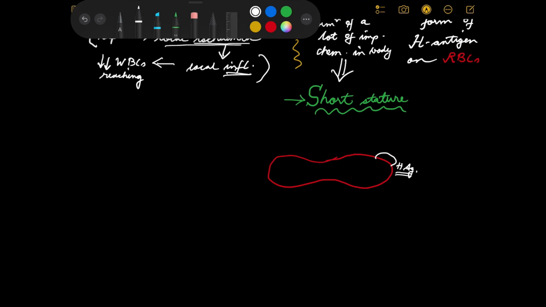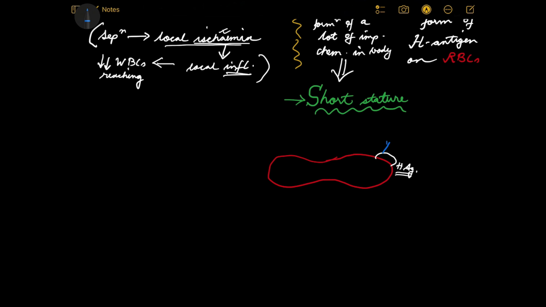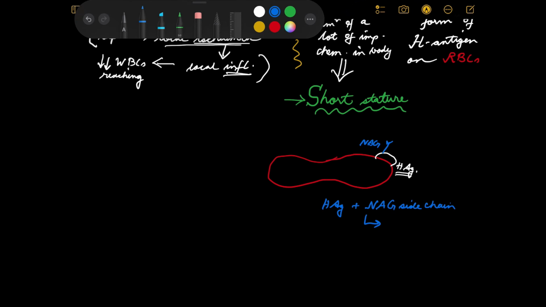If the side chain is, suppose, N-acetyl galactosamine, then this entire antigen, H antigen plus the N-acetyl galactosamine side chain, is called A antigen.